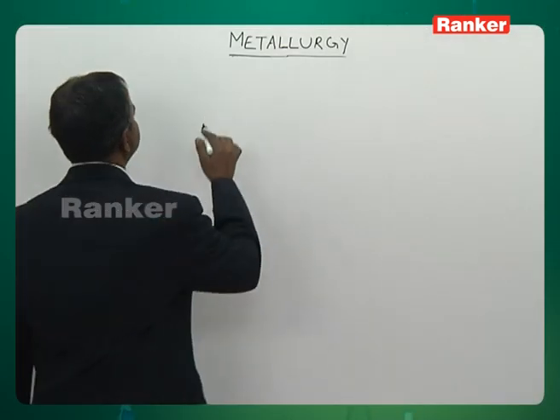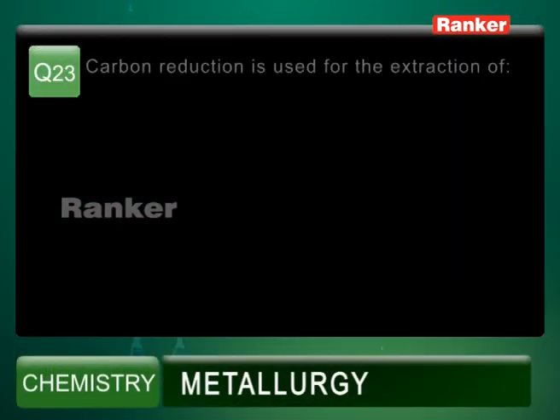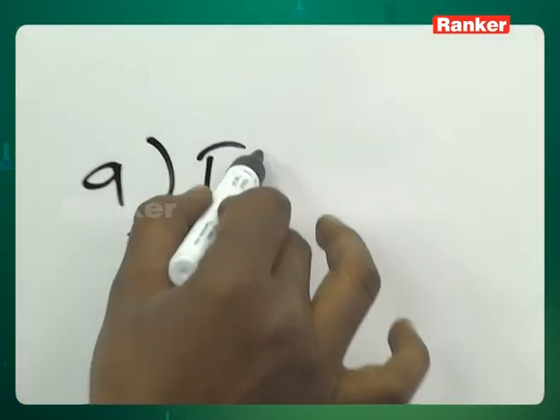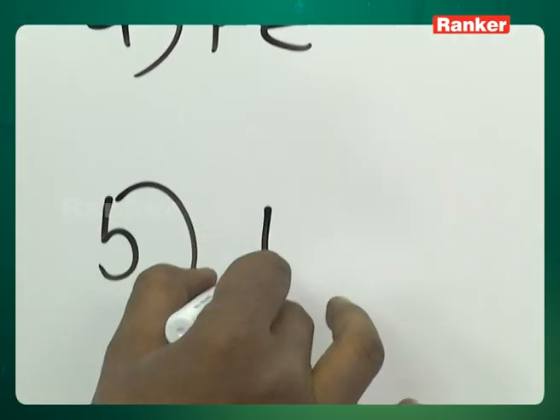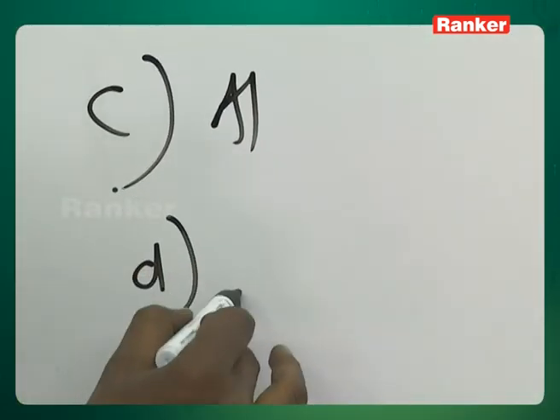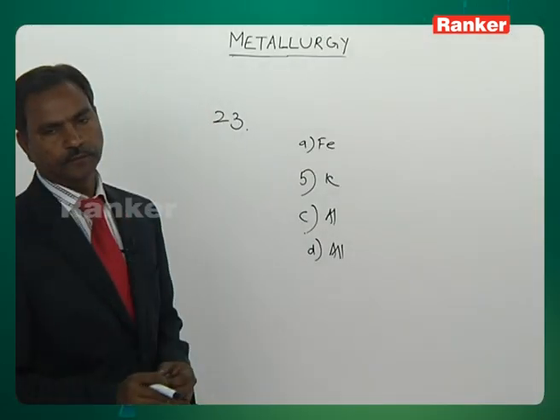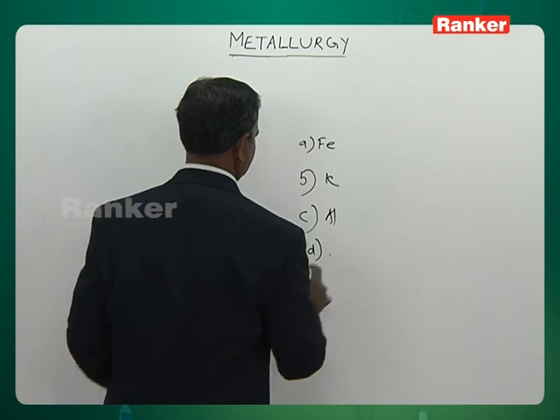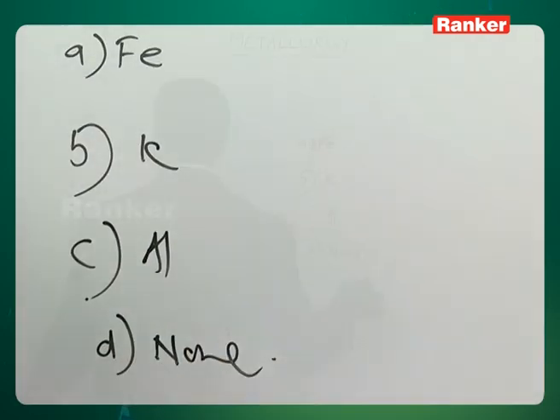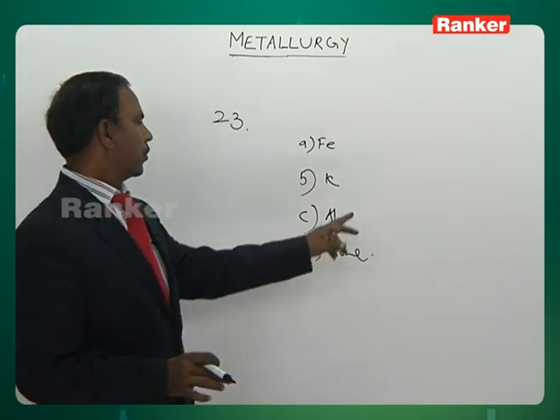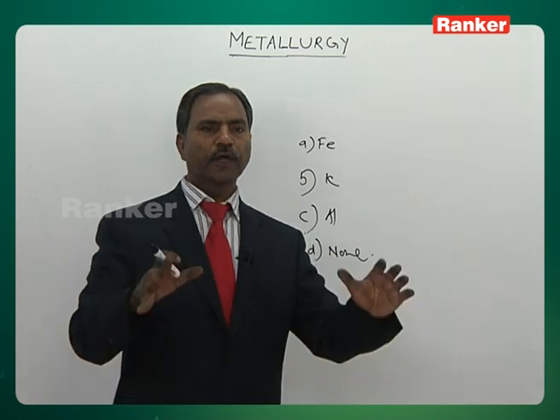Question number 23. Carbon reduction is used for the extraction of A. iron, B. potassium, C. aluminium, D. none. See, potassium and aluminium are actually strong reducing agents.